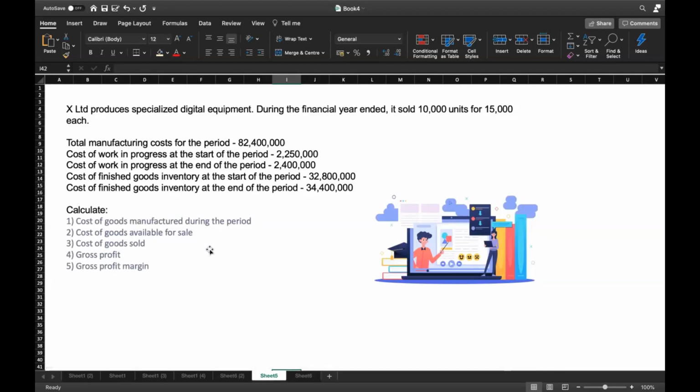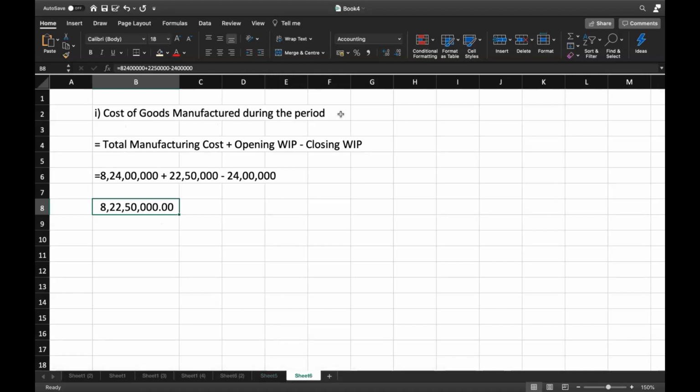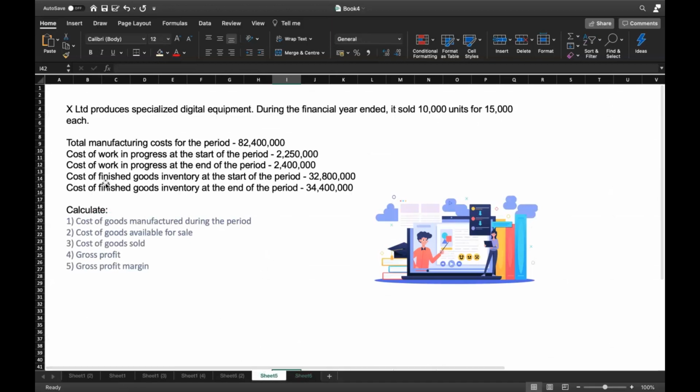Second question, we have to find out the cost of goods that are available for sale. Now we know the goods that are manufactured. These are all basically finished goods, and with that we have to add the cost of finished goods inventory at the start of the period. Then automatically we'll know the cost of goods that are available for sale.